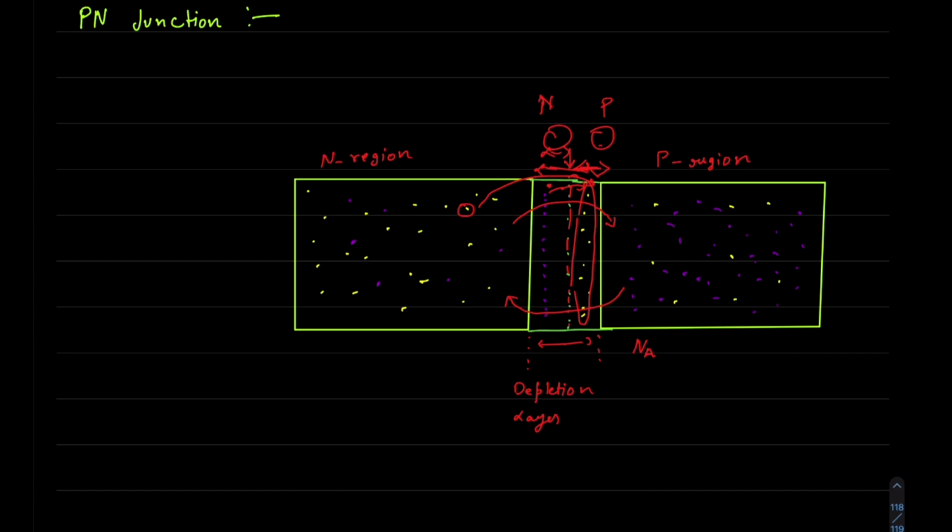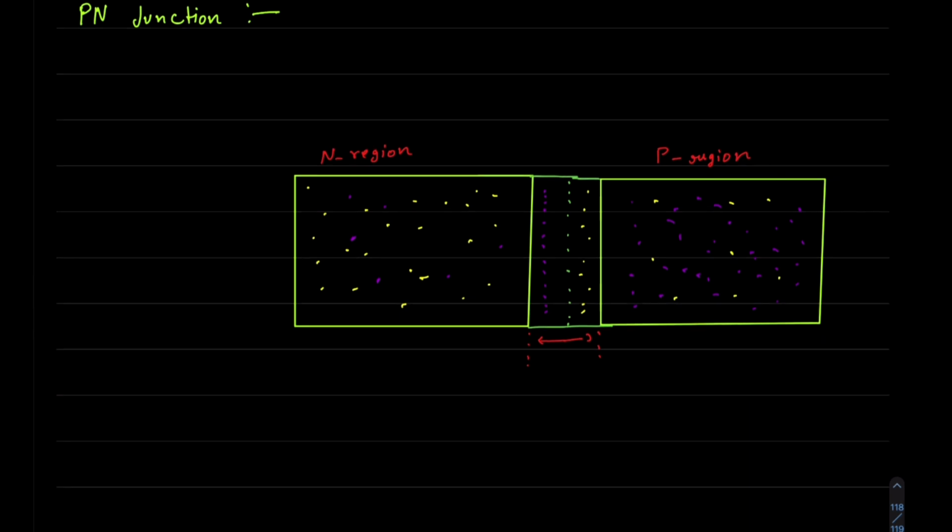So let me clear it a bit. I hope you understood it. So now we have lots of electrons here. Now there is no charge gradient, because if these electrons try to move over into the p-type region, these electrons will repel them. Hence, this movement of charges will reach a sort of equilibrium.